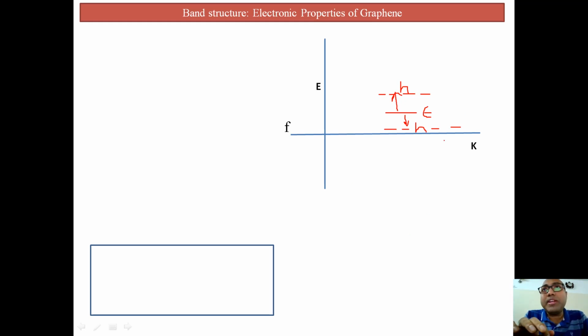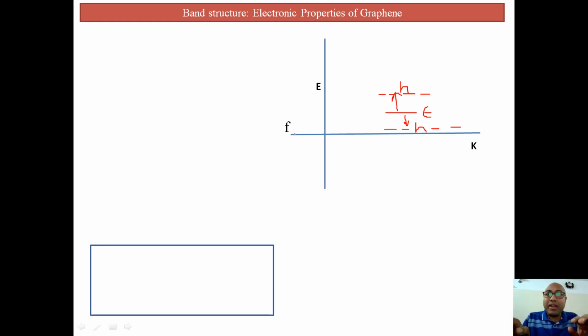If you try to find an EK diagram, suppose it's an arbitrary path. You have some epsilon, some energy, and over that there is one energy state up and one energy state down. We are very much interested in those energy states which are very, very close to F, that is, the probability of occupation.